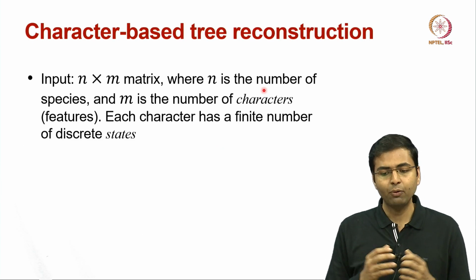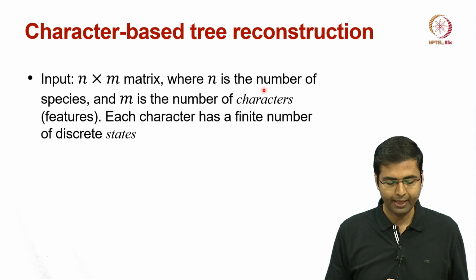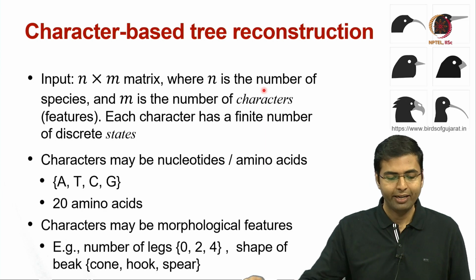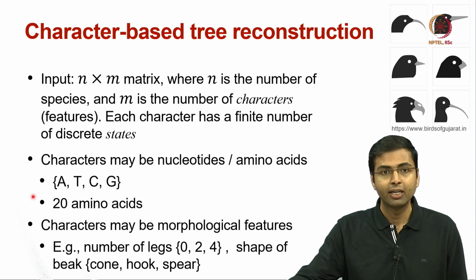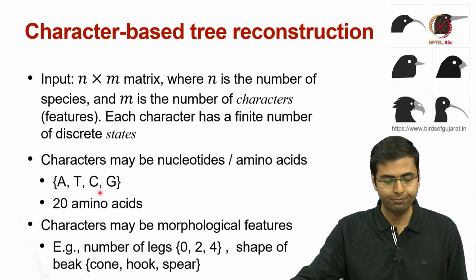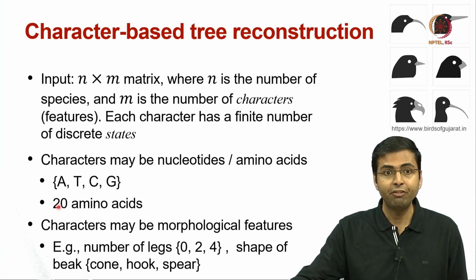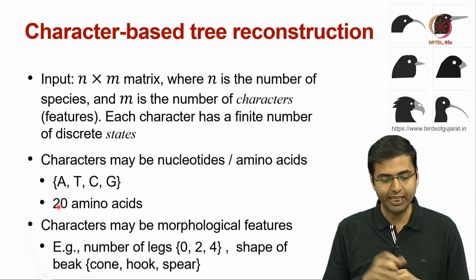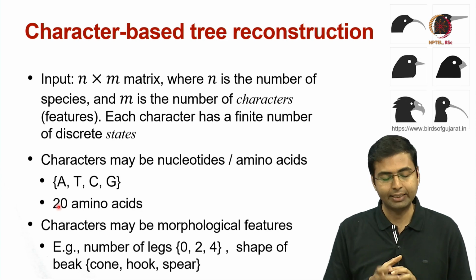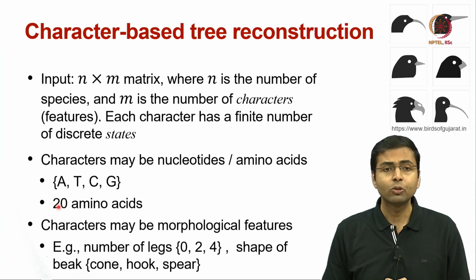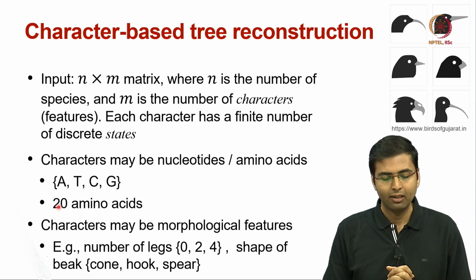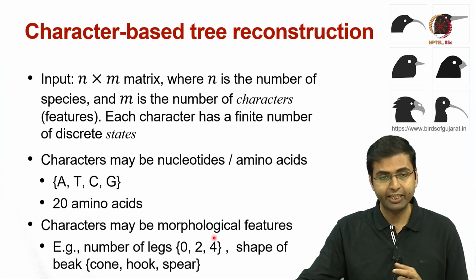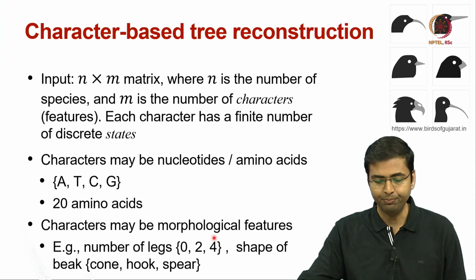So as I said, each character will have a finite number of states. Now some examples of characters are, you can use DNA sequence in which each character will have 4 states that are 4 different nucleotides. You can use protein sequence, in which case each character will have 20 different states corresponding to each amino acid. Also, a character can be a morphological feature as well. For example, you can have number of legs as a character, in which case the states can be 0 to 4 for example.